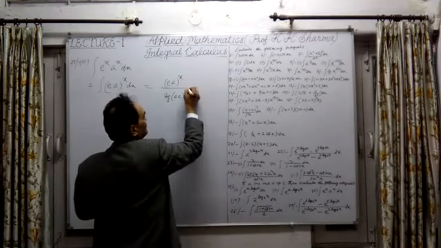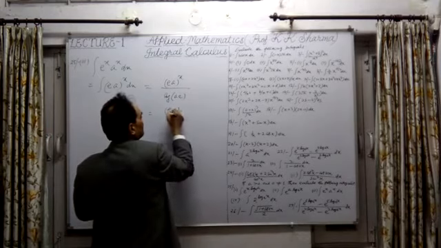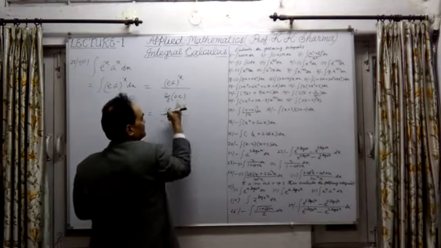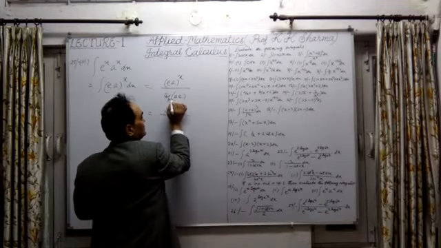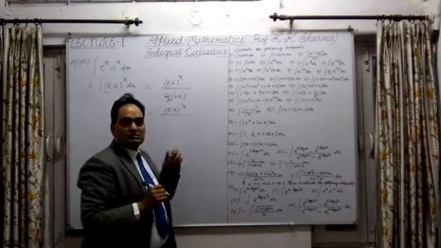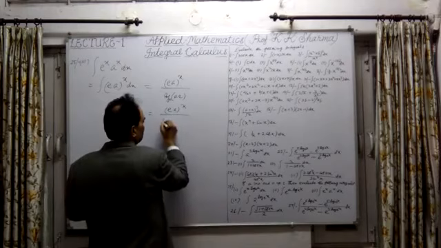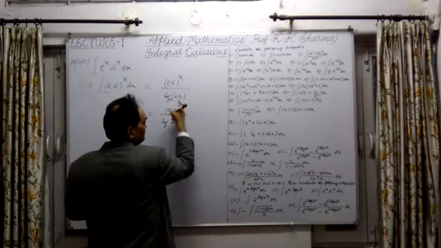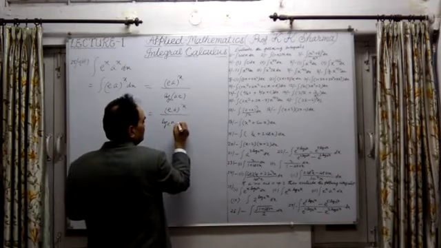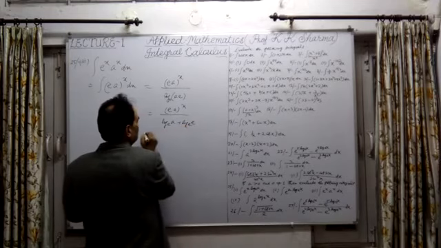Now this can be written as (ea) whole power x divided by log of ea. Here e is the base, because when there is no base written, we always take e as the natural base of logarithm. This can be written as log of a plus log of e to the base e, and this is 1.